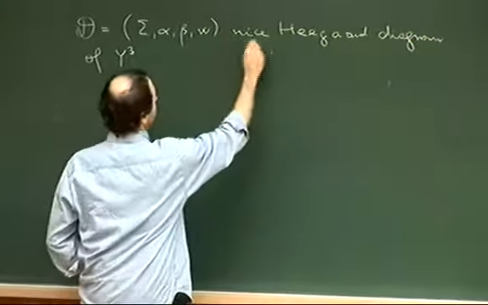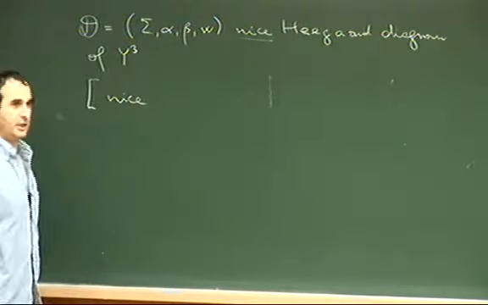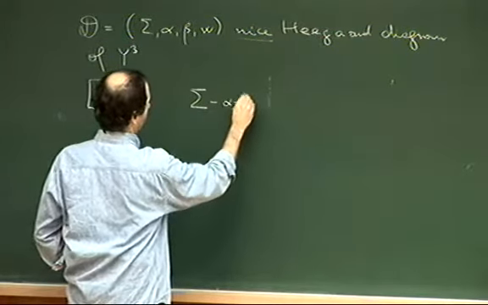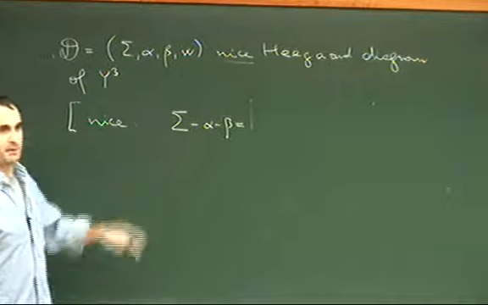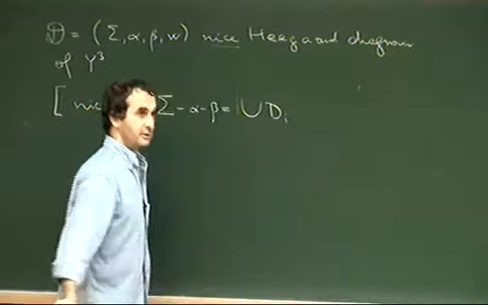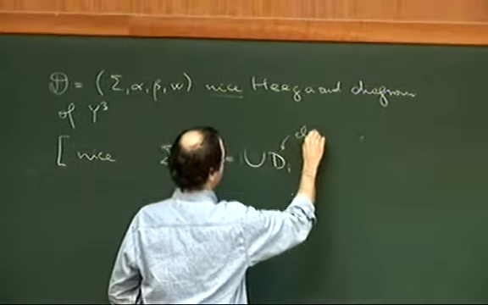And let me just remind you what nice means. So nice means that if you take this decomposition of the complement of the curves into components, the components I will call elementary domains.